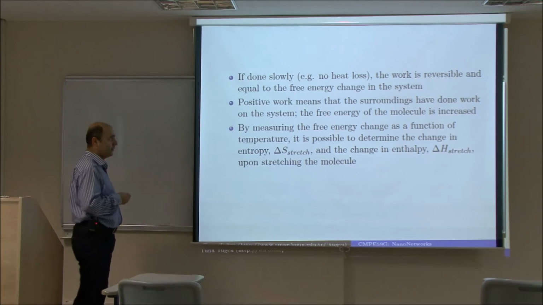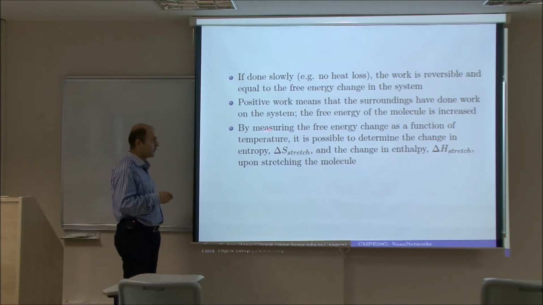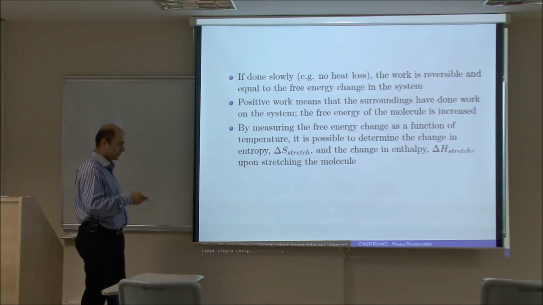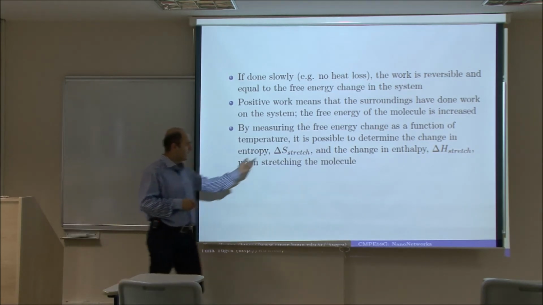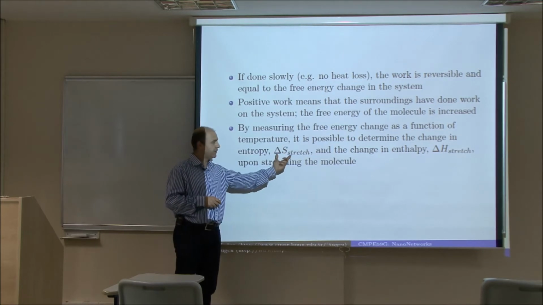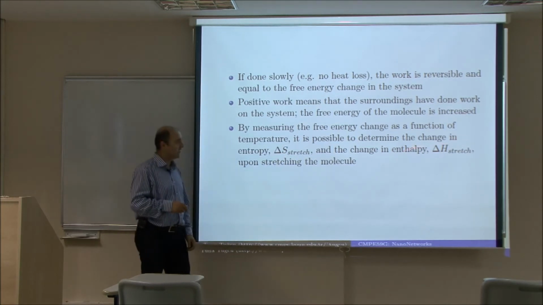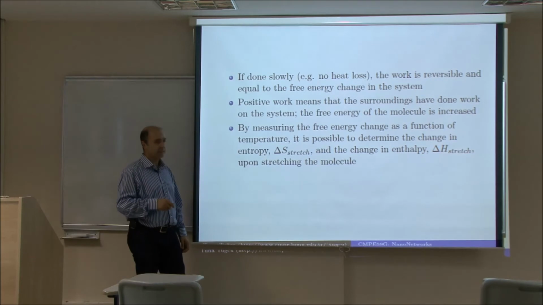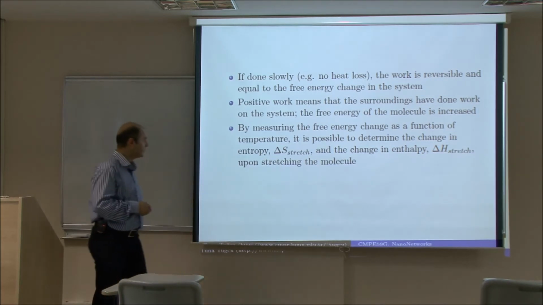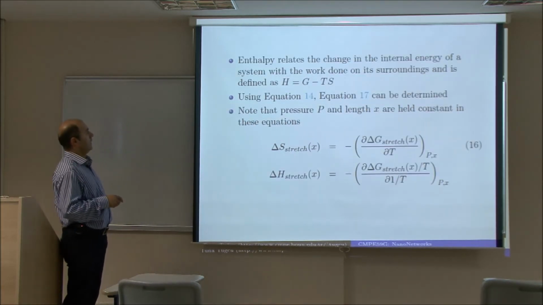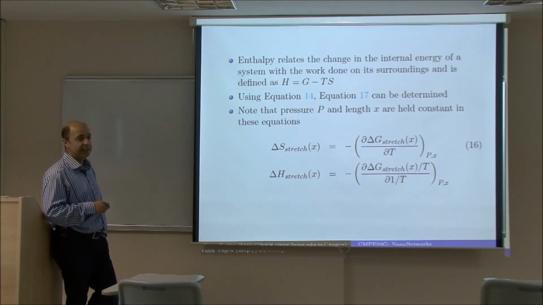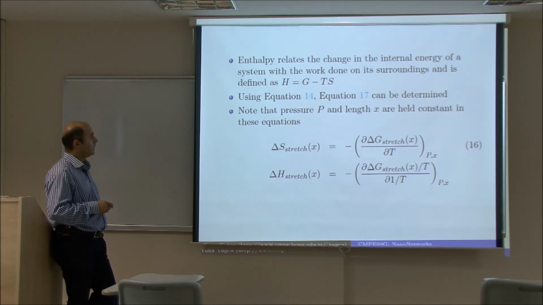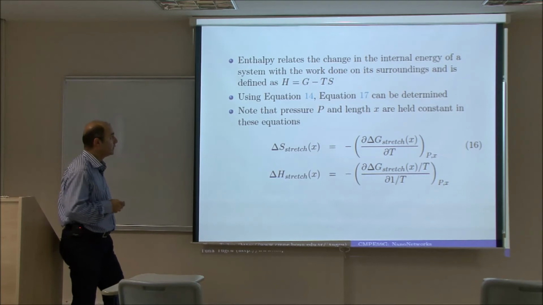If you measure the free energy change as a function of the temperature, then we can determine the change in entropy, delta S, due to the stretch of the molecule, and the change in enthalpy, delta H, due to the stretch operation. The enthalpy here relates to the change in the internal energy of our system, with the work done on the surrounding.